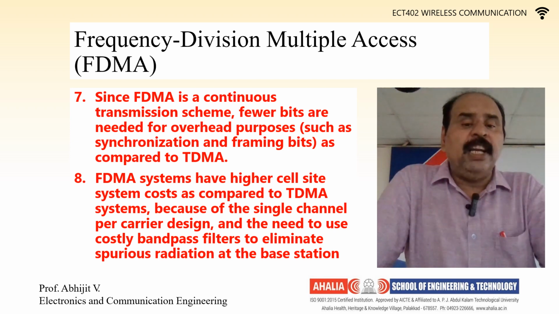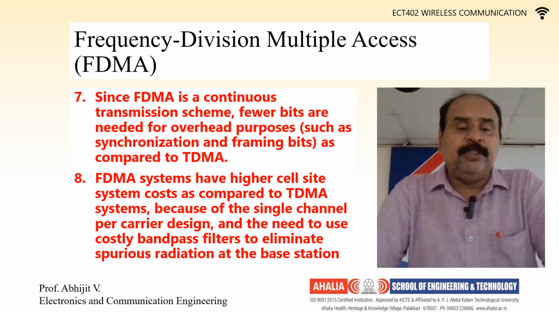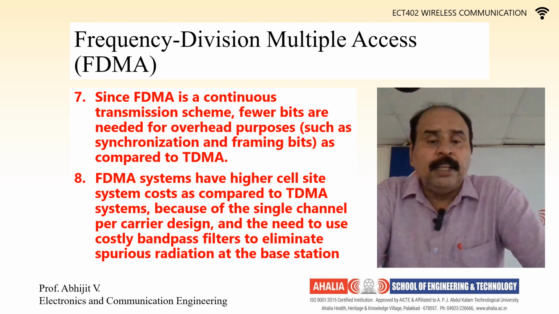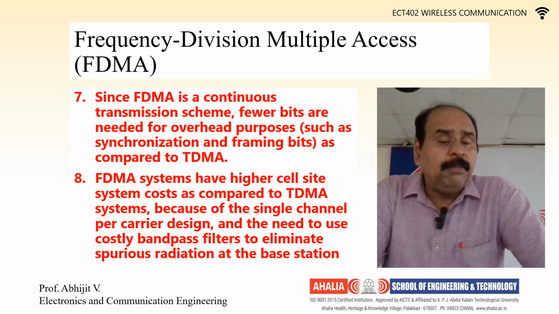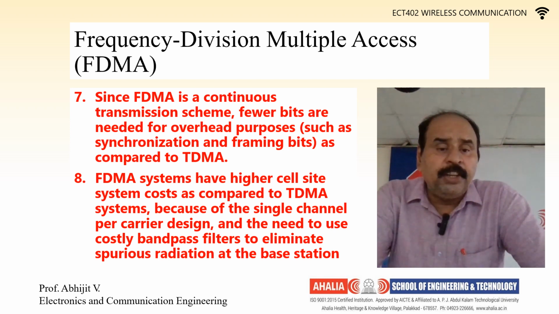FDMA systems have higher cell site system costs as compared to TDMA systems because of the single channel per carrier design and the need to use costly bandpass filters to eliminate spurious radiation at the base station.